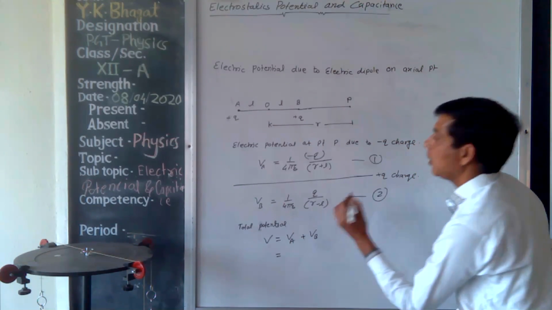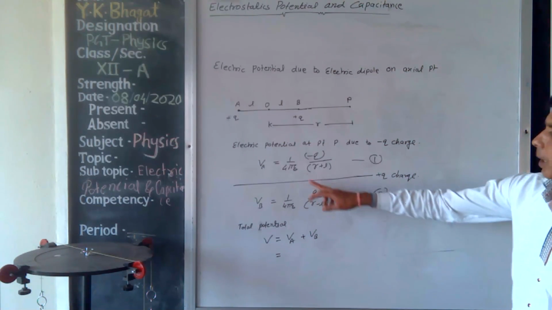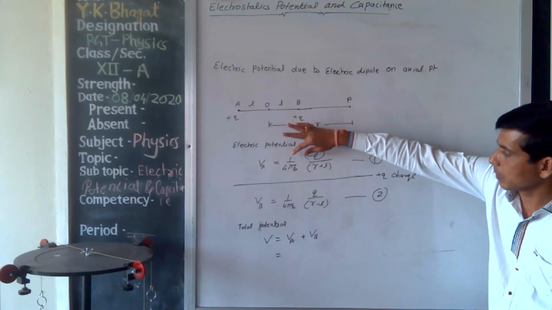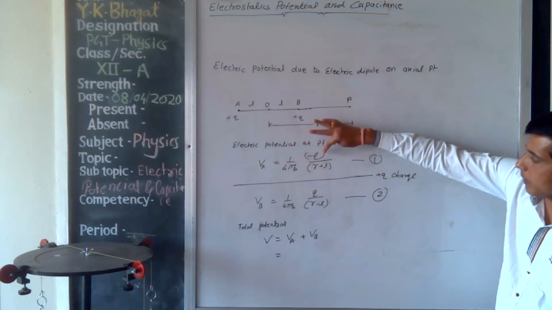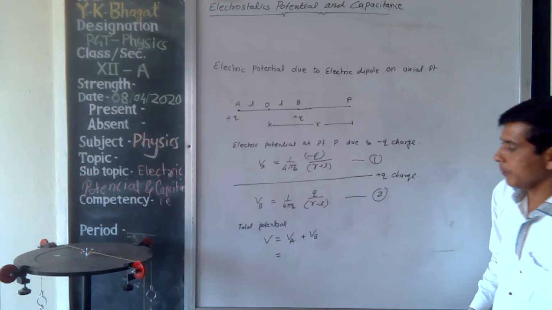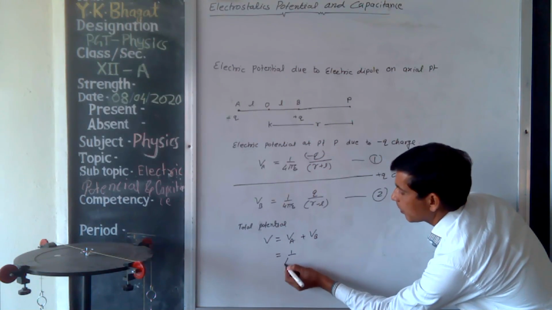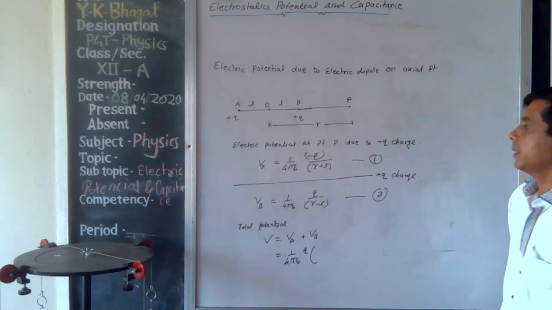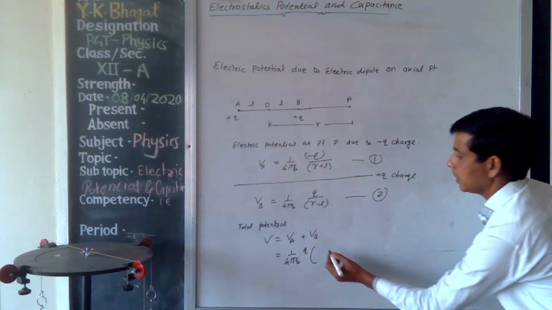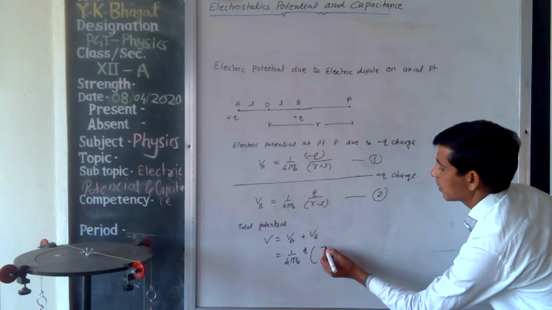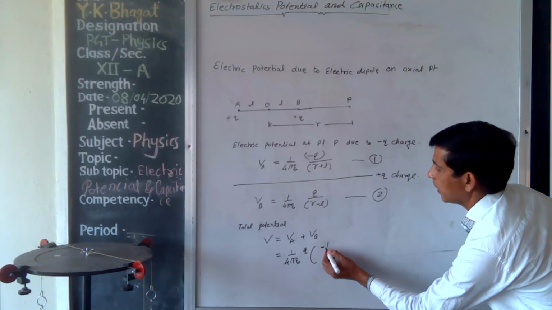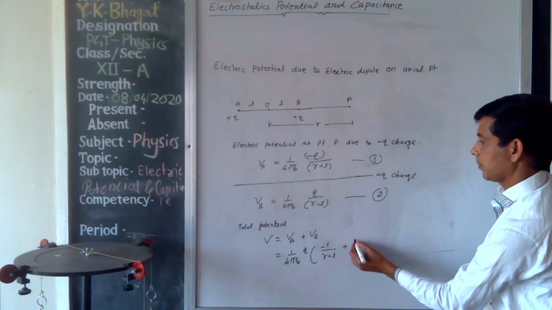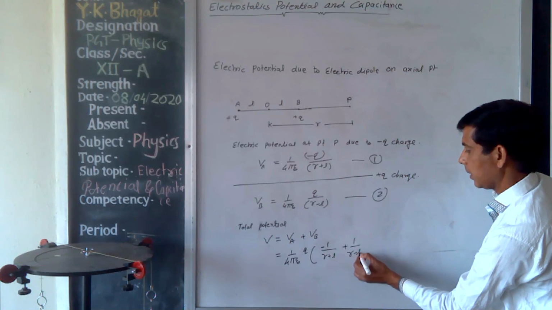By putting the values of VA and VB from equations 1 and 2, 1 upon 4 pi epsilon naught and q are common. Then 1 upon 4 pi epsilon naught q and the remaining quantity, minus 1 upon r plus L plus 1 upon r minus L.